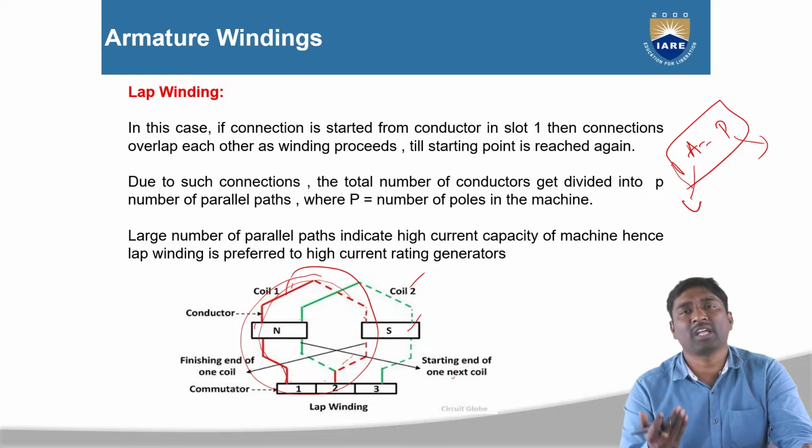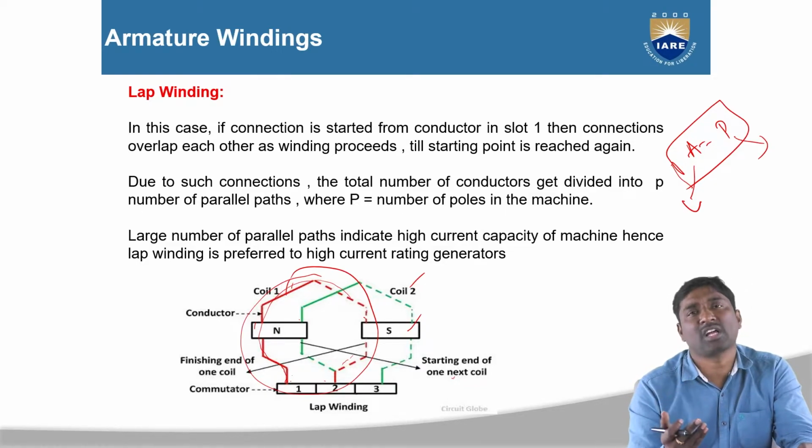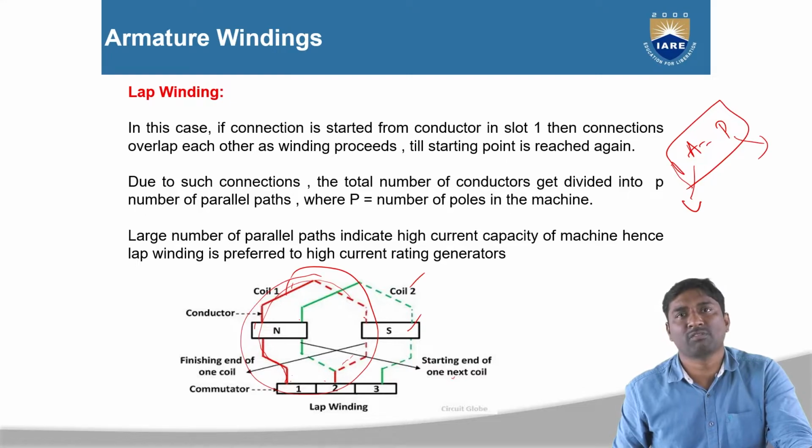Now you can go to the other connection diagram. The other connection of armature winding is wave winding. So now we'll discuss wave winding.